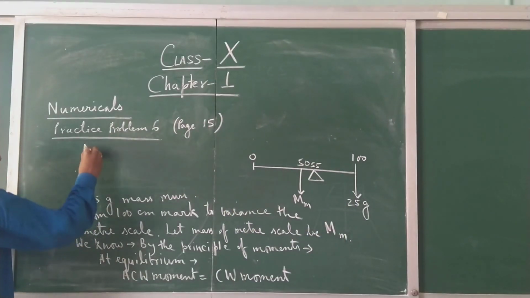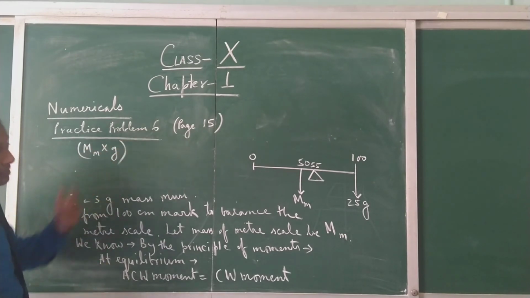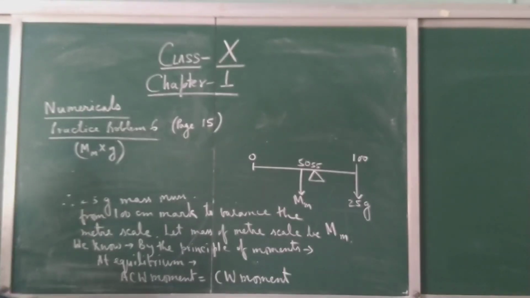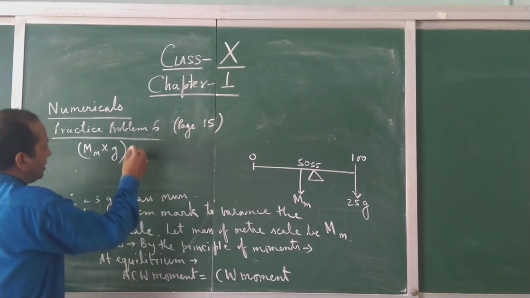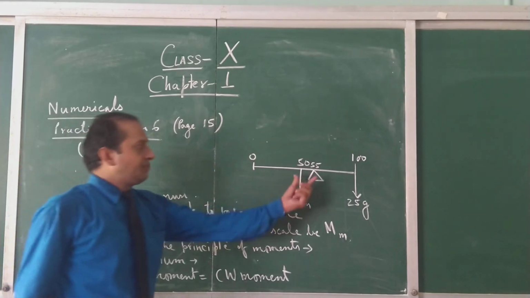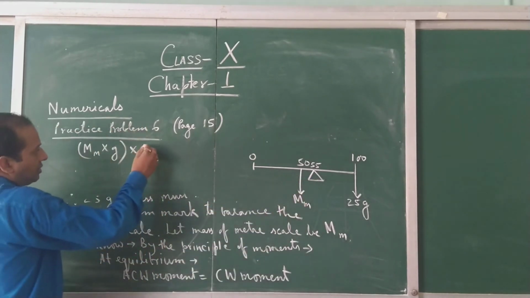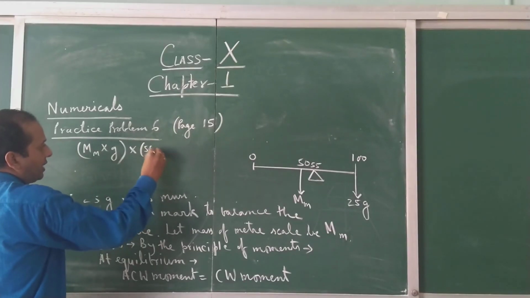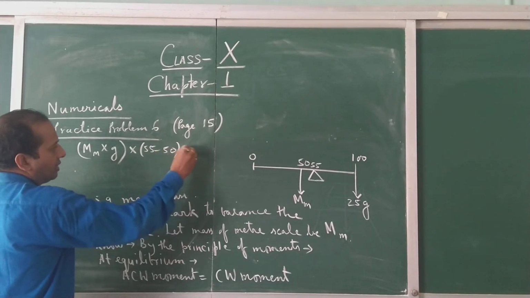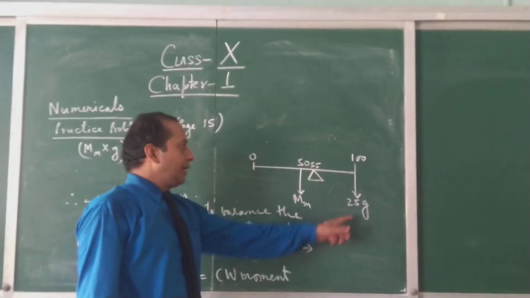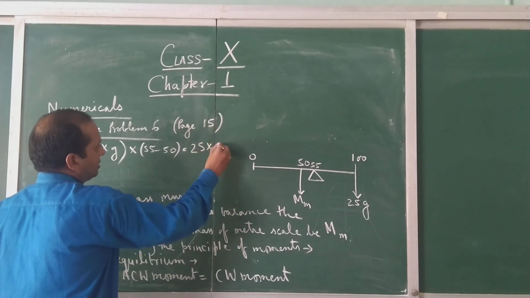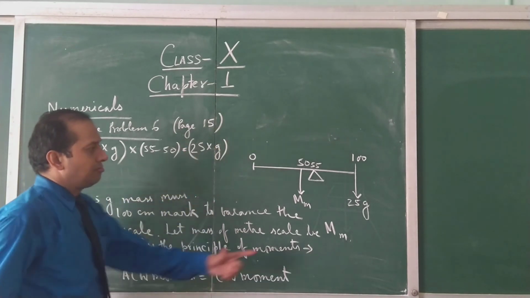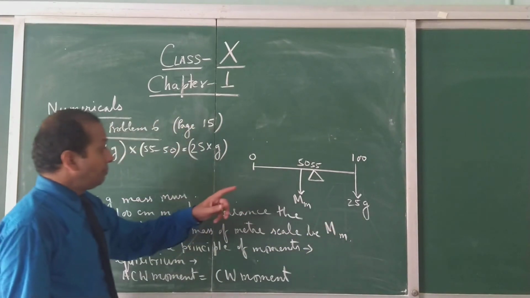So I will write mass of meter scale, but write it with g. Why? Because make it weight, force, gravitational force here. So mm into g into the distance here, 55 minus 50, is equal to 25 into g. Mass is here 25 gram.